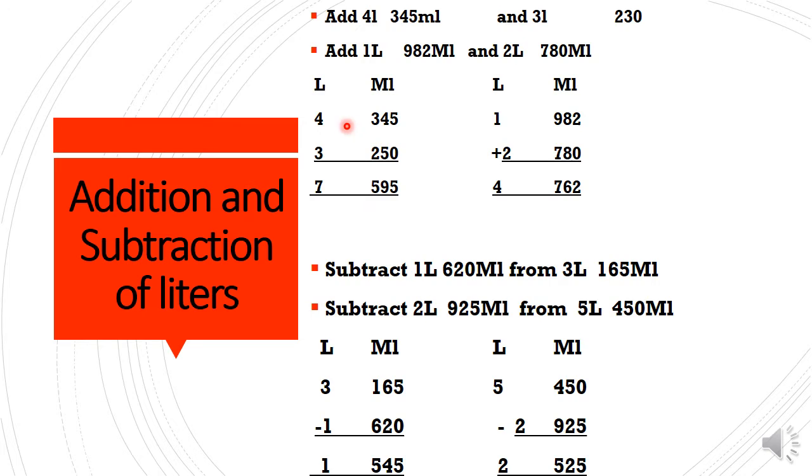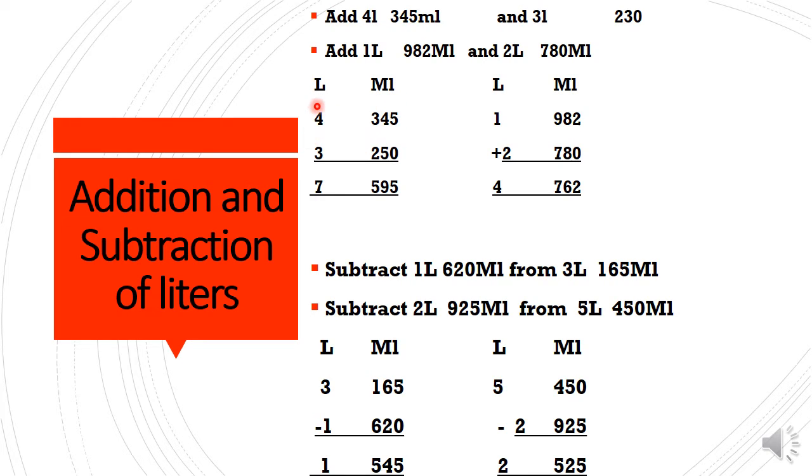Now take a good look at what we have here. They said number one, add 4 liters, 345 milliliters, and 3 liters, 250 milliliters. Now what you want to do is to align them according to their liters and milliliters.